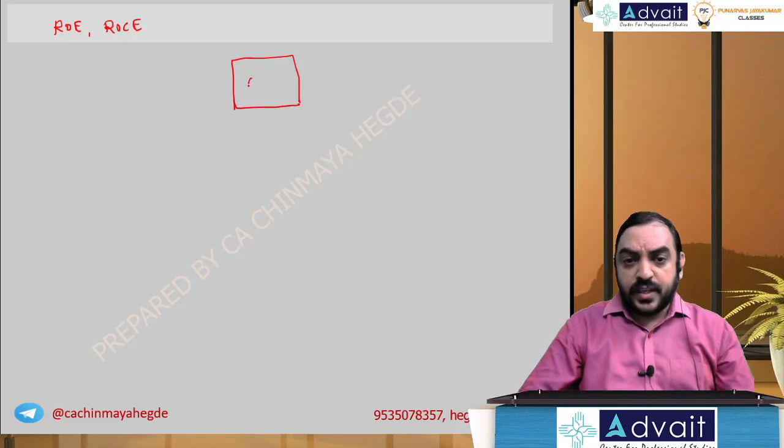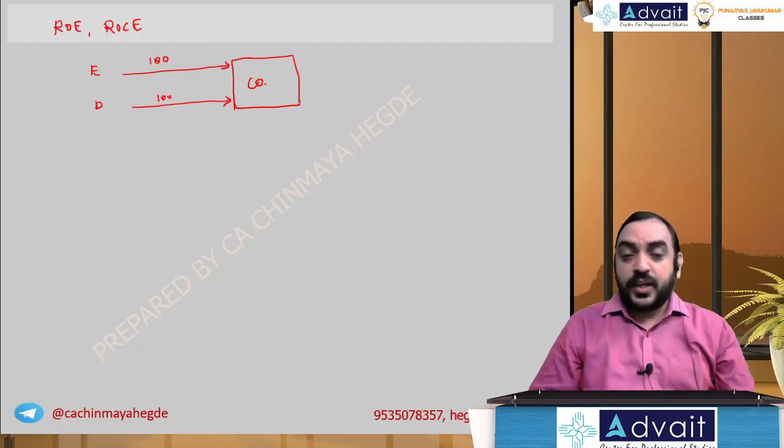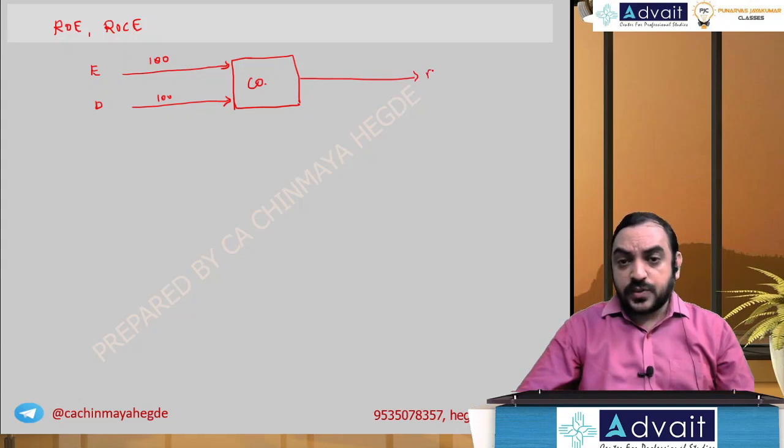Suppose a company is there, they take money from equity and they take money from debt. Let's say they have taken 100 rupees from equity, 100 rupees from debt. Let's say they are maintaining a debt equity ratio of 1:1. So totally how much do they have now with them? 200 rupees. And they will invest in business 200 rupees.